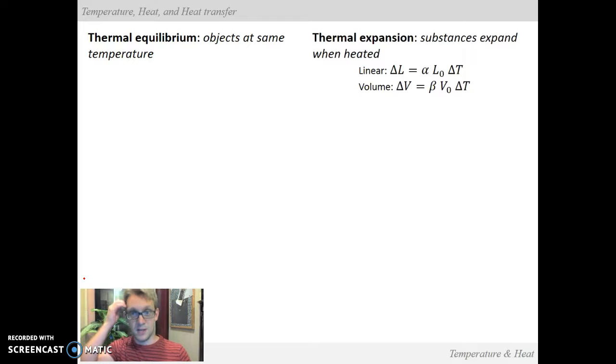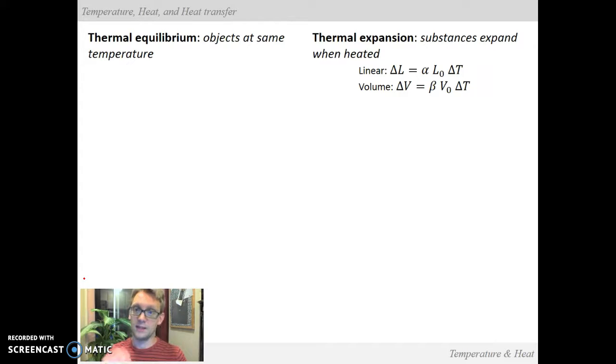Next concept is thermal expansion. When substances are heated, they expand, and we have some equations here that help mathematically explain what's going on.